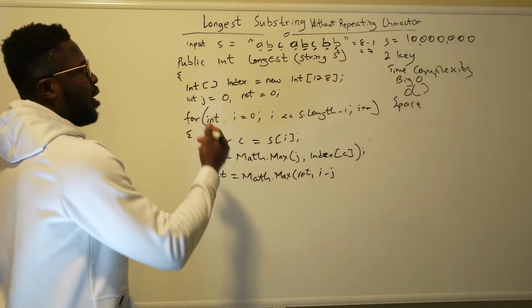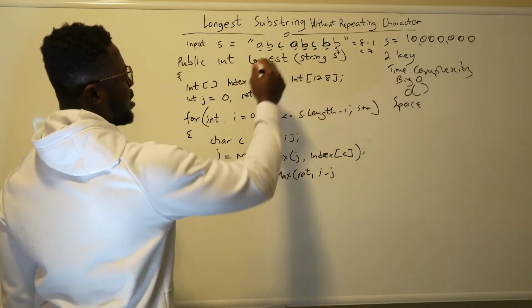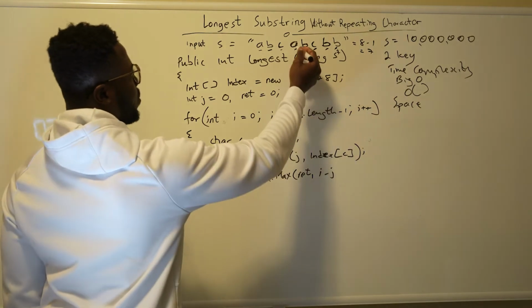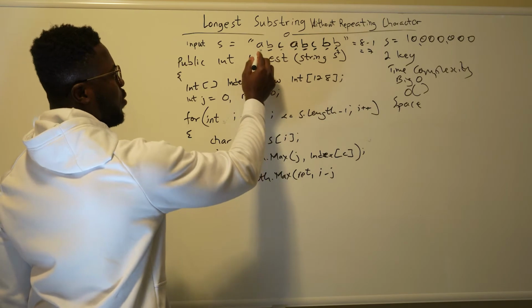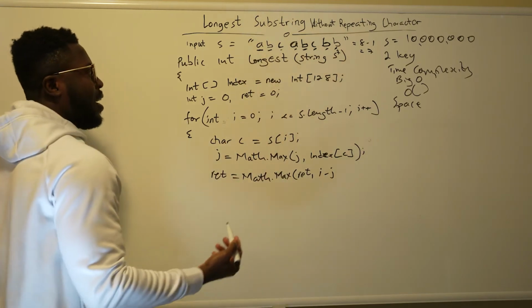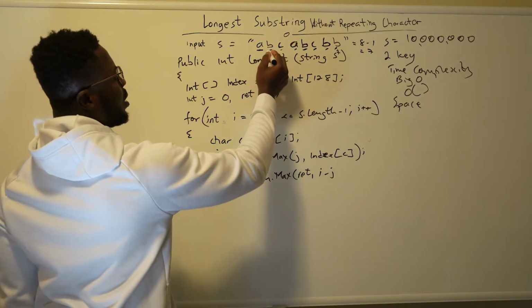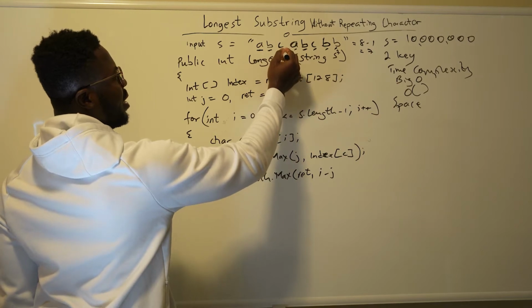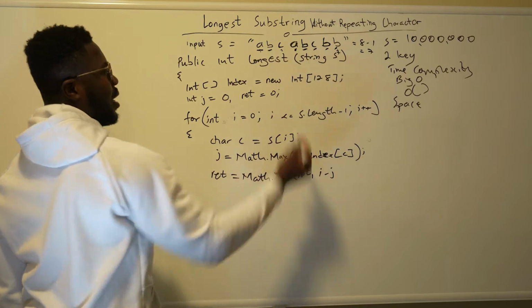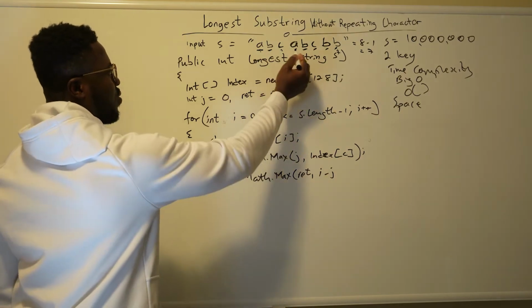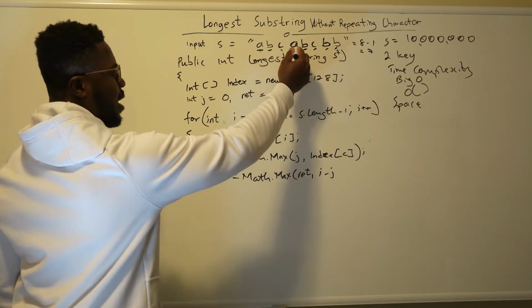It helps us know where we've reached. So we first visit A, then we go index 0, index 1, 2, 3. j will help us find this A.